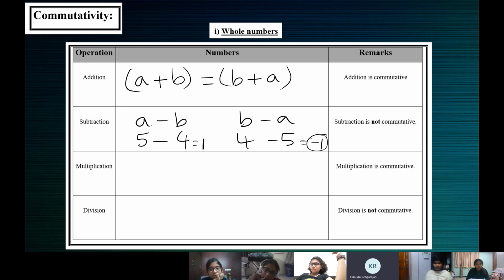It's not that minus 1 is not a whole number, not that. The answer is not the same. 5 minus 4, the difference is 1. 4 minus 5, the difference is minus 1. So, what do you say?